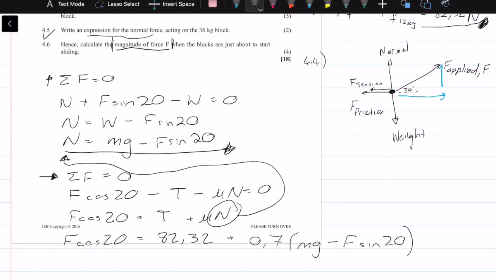So F cos 20 is equal to 82.32 plus 0.7 mg.